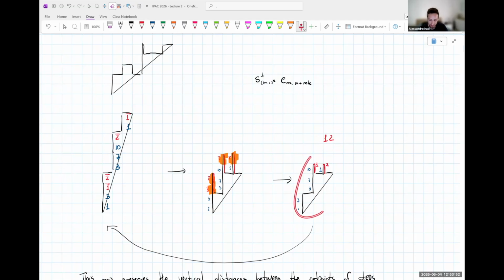And so we can just restrict and look at paths in which these south steps are labeled from 1 to k, from the farthest to the closest to the diagonal. But that's exactly the same as not labeling them at all. If I have just one possible way of labeling the south steps, I might as well not do it.